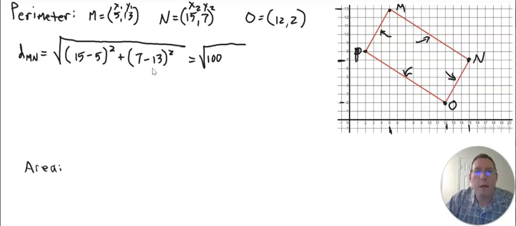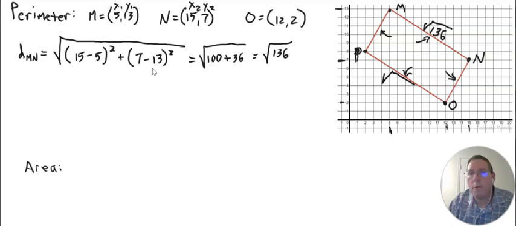Then 7 minus 13 is negative 6, and negative 6 squared is 36. Adding them together, we get the square root of 136. So MN is equal to the square root of 136, which means that OP is also the square root of 136.